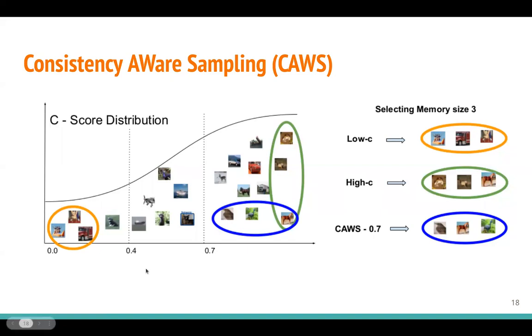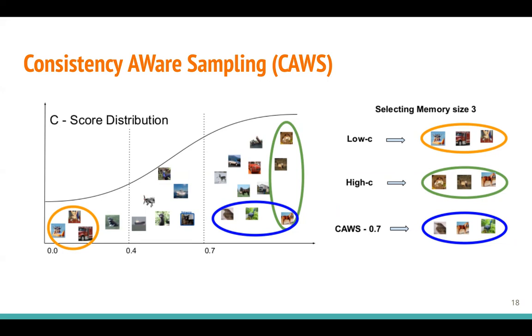But if we set a threshold of the consistency that we want or need in our pool of data, say, okay, let's set a threshold of 0.7, then all the elements of the current distribution with a consistency score higher than 0.7 can be sampled from our storage policy. So we select 3 samples from this pool of elements that are higher than a certain threshold.